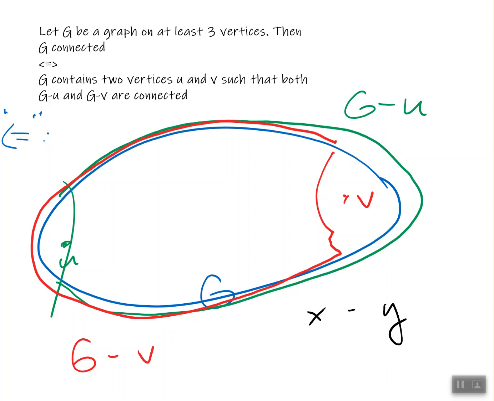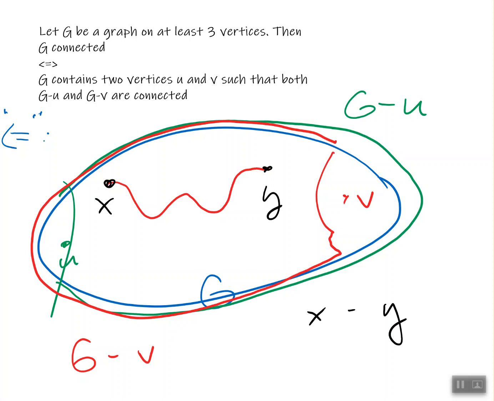So if neither x nor y are u and v, and we want to find a path between x and y, what can we do? Well, both x and y lie in G minus V, so there exists a path between the 2 in the red graph, the one that doesn't contain V. And we're done, because this path also exists in the big graph G. So that's the first case.